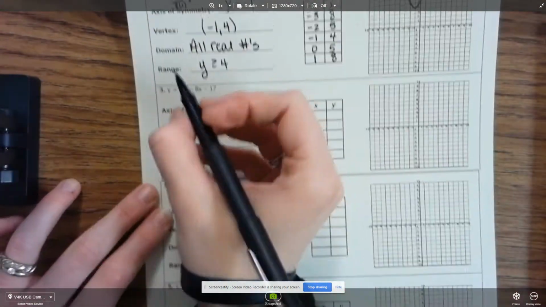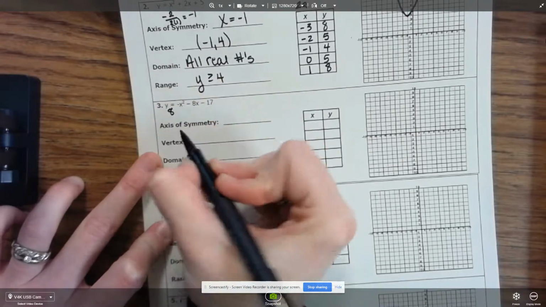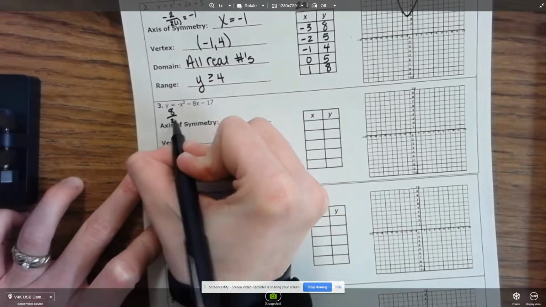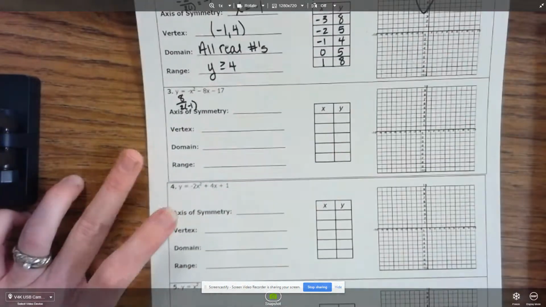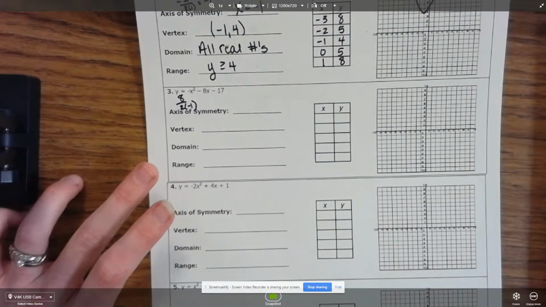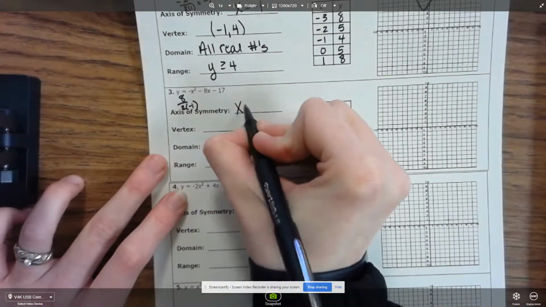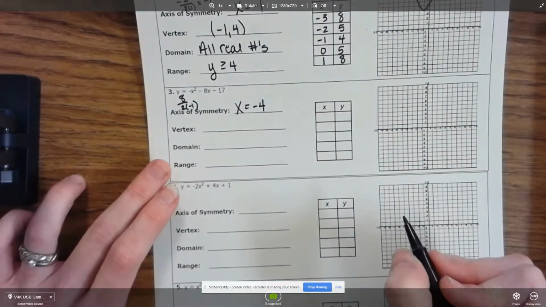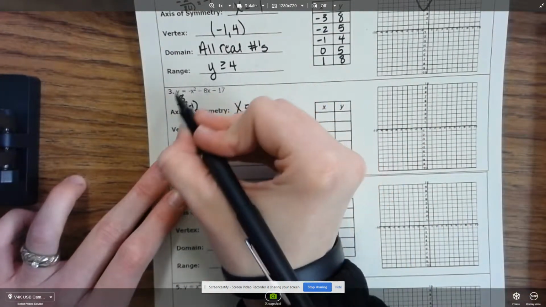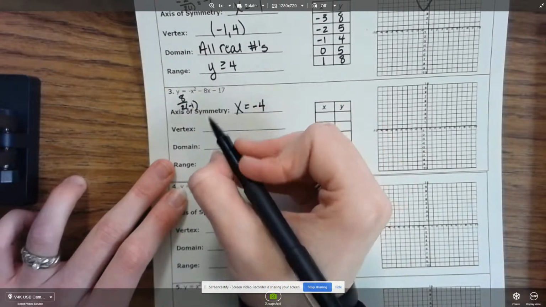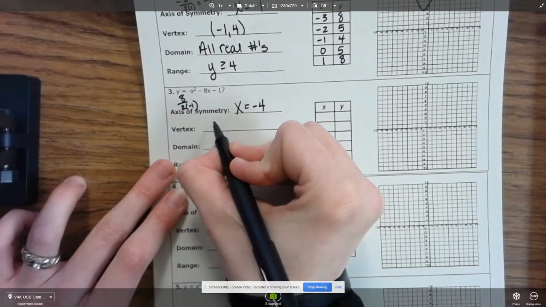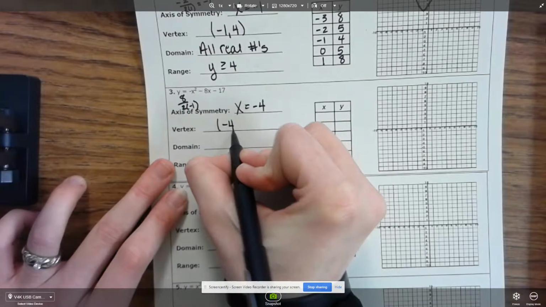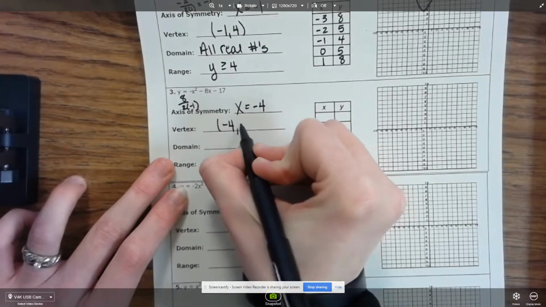All right, so our axis of symmetry, negative b would be a positive 8 divided by 2 times a, which is negative 1. So our axis of symmetry is going to be negative 4. If I plug this into my quadratic up here, I would get negative 4, negative 1.